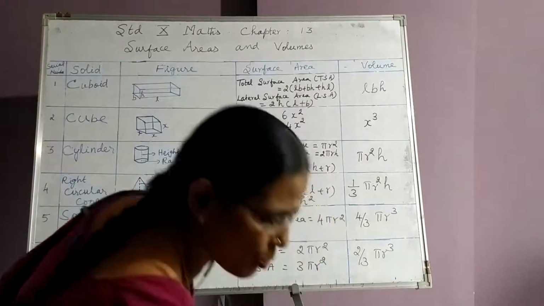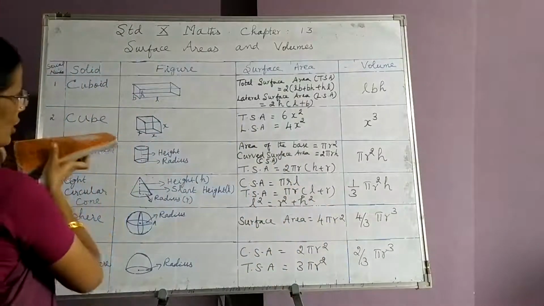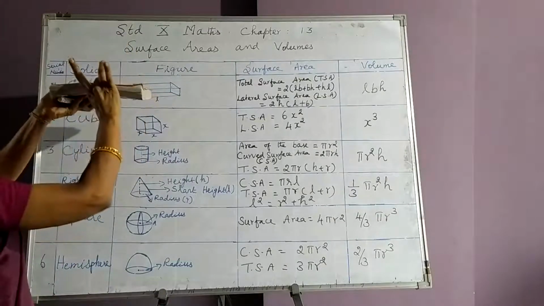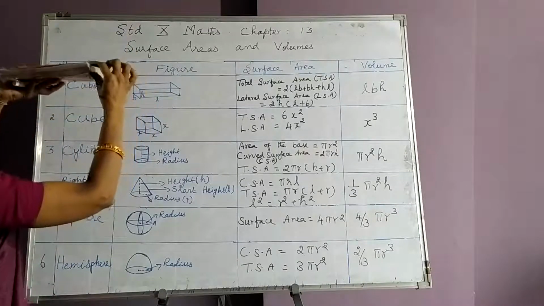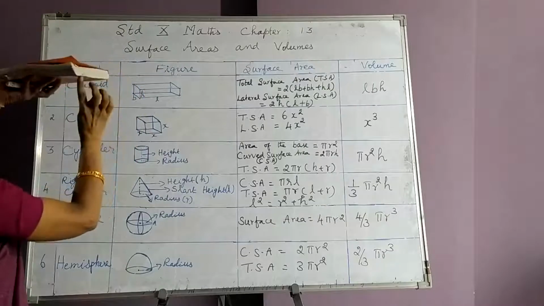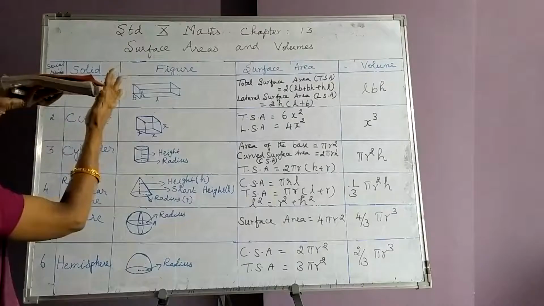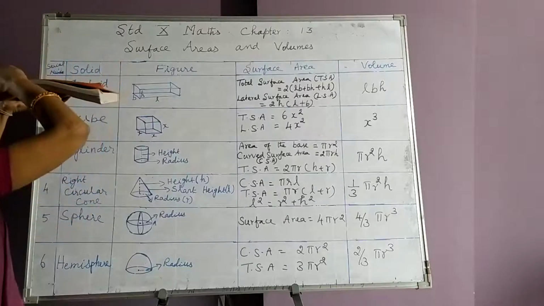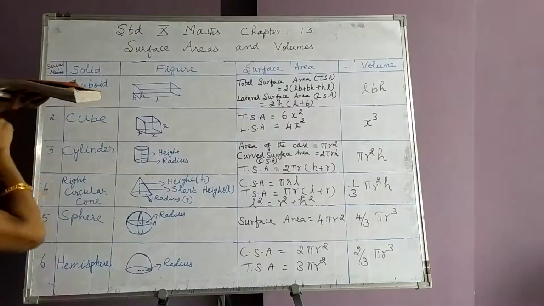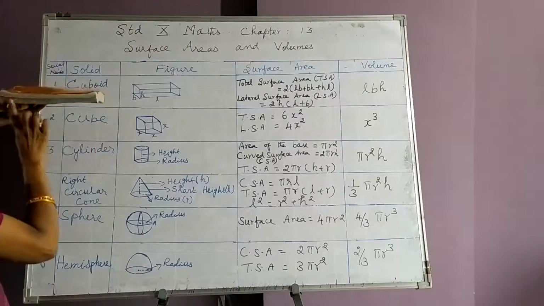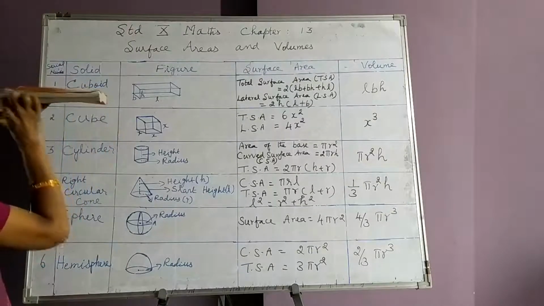If you consider the book, it is also in the form of a cuboid. These two faces are identical, L into B. This is B into H. This is breadth and this is height. These two faces are identical, BH, 1BH plus 1BH becomes 2BH. This front face, this is length and this is height.